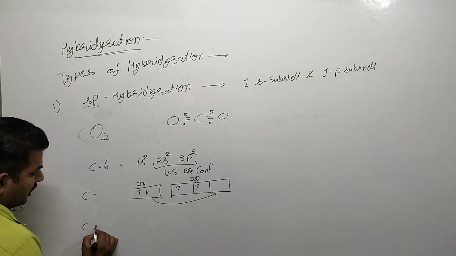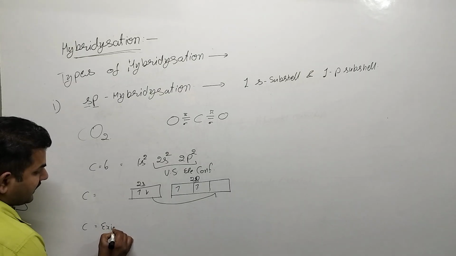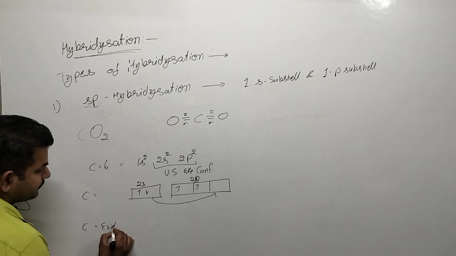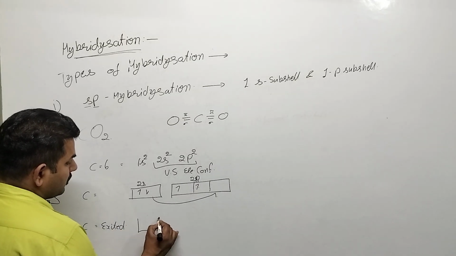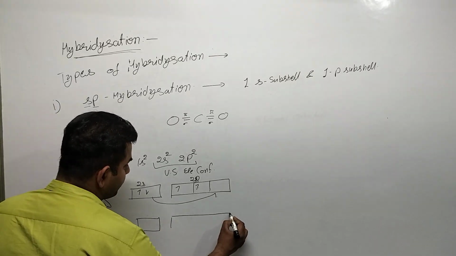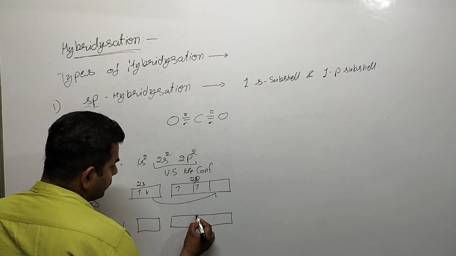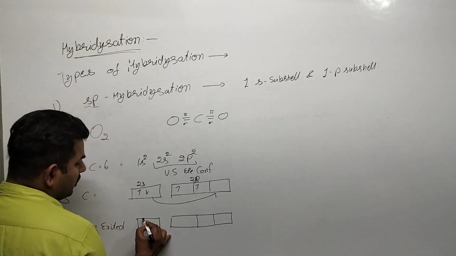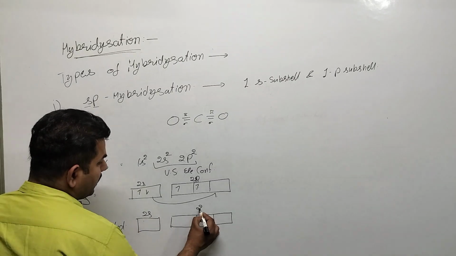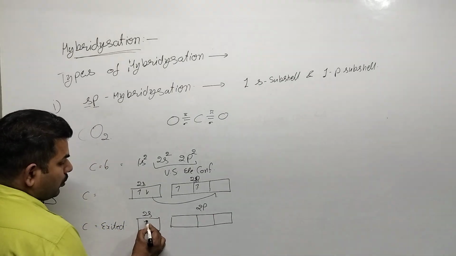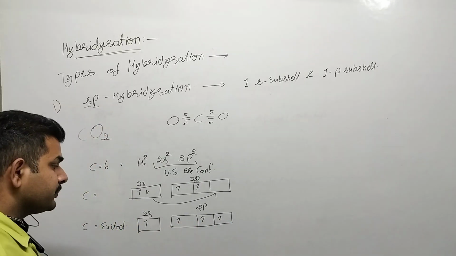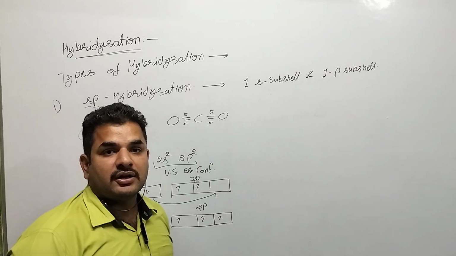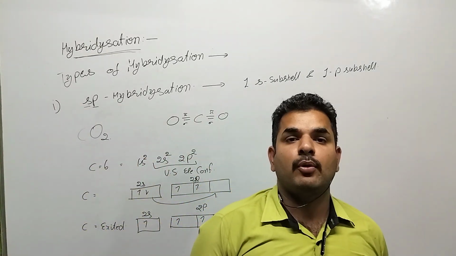In that case, carbon is in the excited state configuration: one 2s and three 2p, so 1, 2, 3, 4 half-filled orbitals. Any atom first forms the sigma bond.